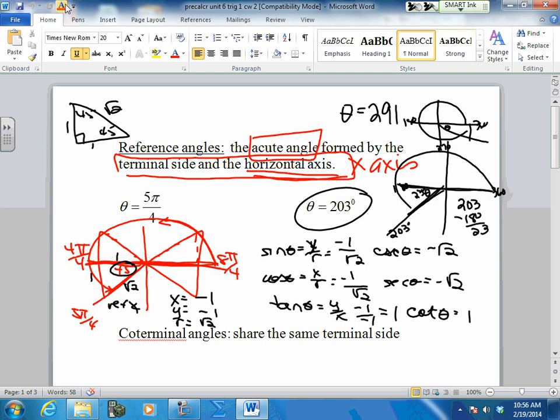I want this one that meets my x-axis, that gives me a bow tie. So if this is 291, look, I didn't quite make it to 360. 360 minus 291, and I subtract and get my reference angle. Make sure you use your 180s and your 360s to find your reference angle. Don't go off your 90 and your 270. Okay?